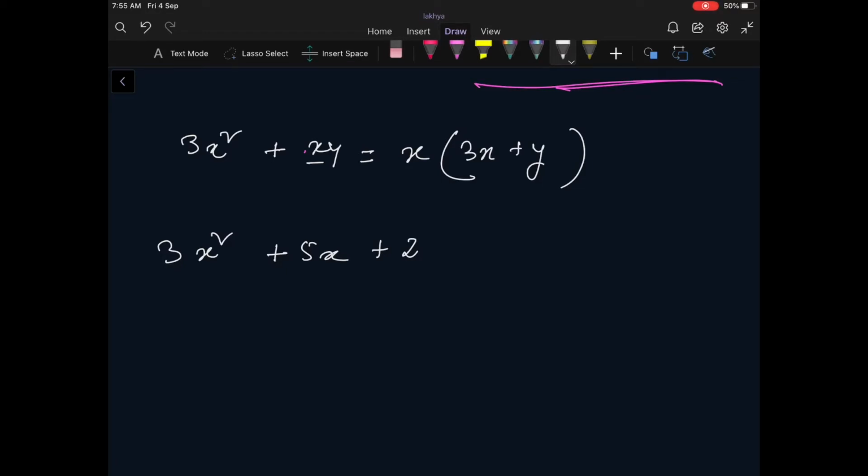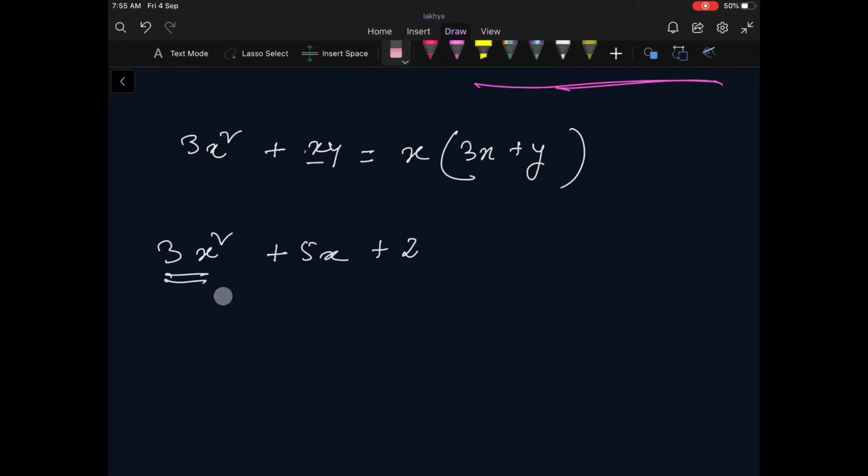First, in such polynomials, what to do? Here you can see there is no term which is present in all the three terms. There is no factor which is present in all the three terms, but we need to factorize this.